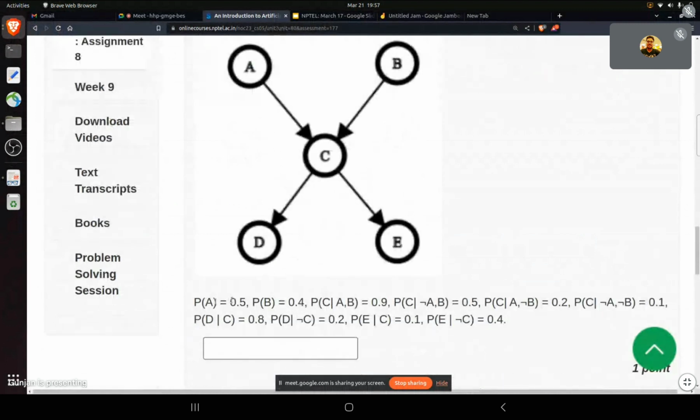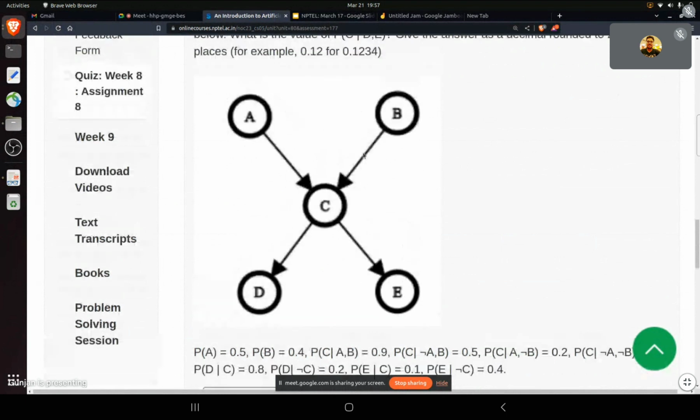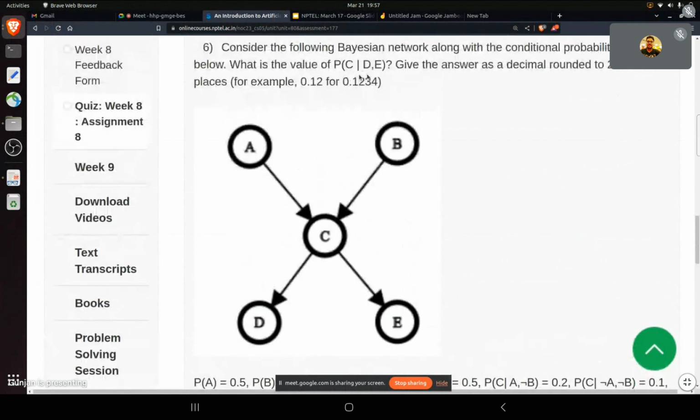And it is given that P of A is this, P of B is this, P of C conditioned on A, comma B is this, and so on and so forth. So just try solving this expression. If you try expanding this, then see what you get and how it looks. Then you might get an answer.